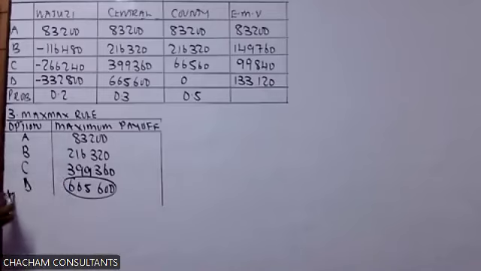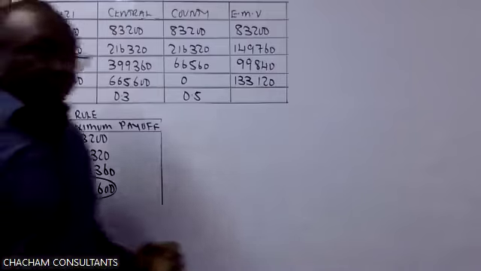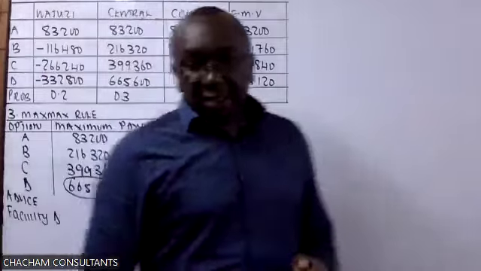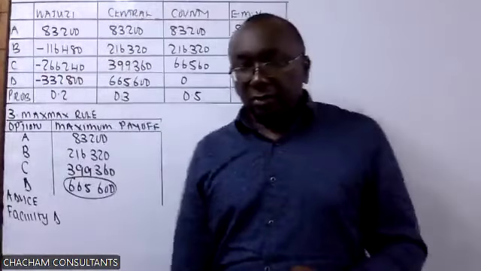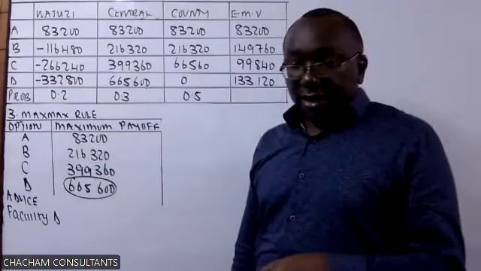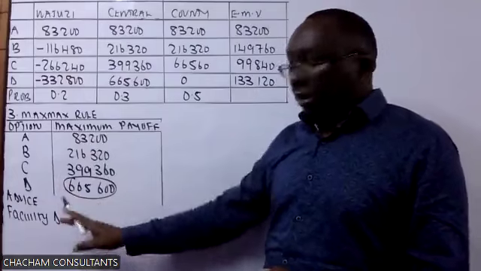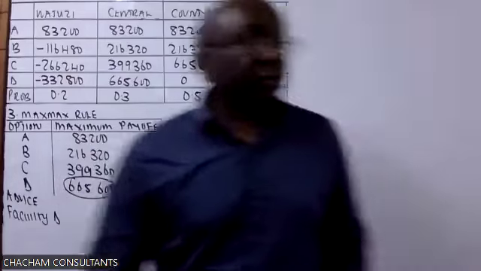And therefore the advice that you give is that they should go for facility D. Remember, we had been told to advise them on which facility they should take. So when you now choose to use the max, it comes out clearly that they should use facility D.